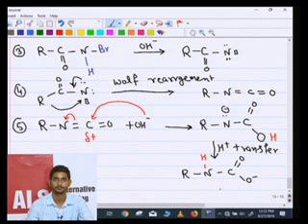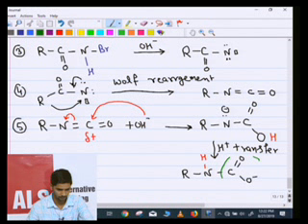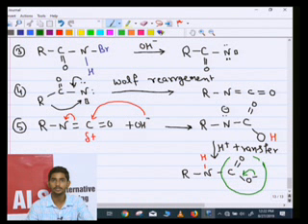O minus. Now guys, look at this very carefully. Observe that if I shift this bond over there, there is actually CO2 gas, which is a good leaving group. So in this step, CO2 will be released.